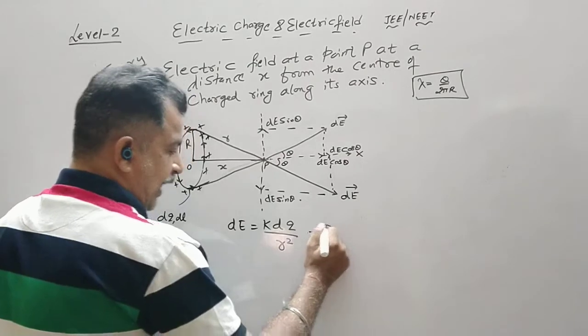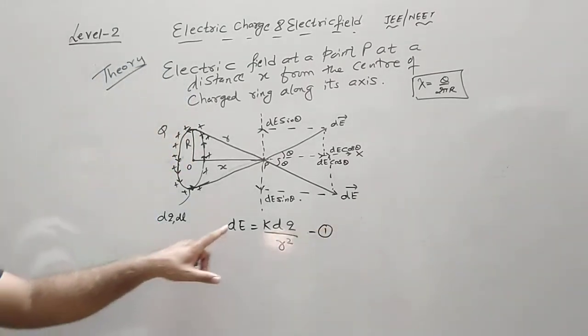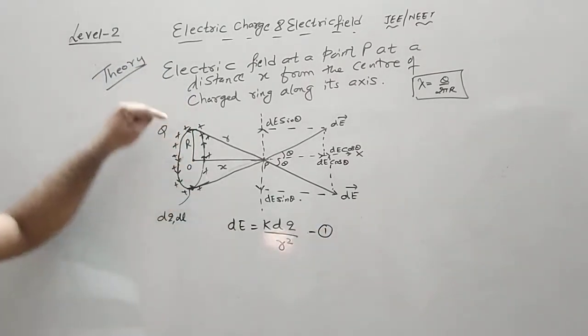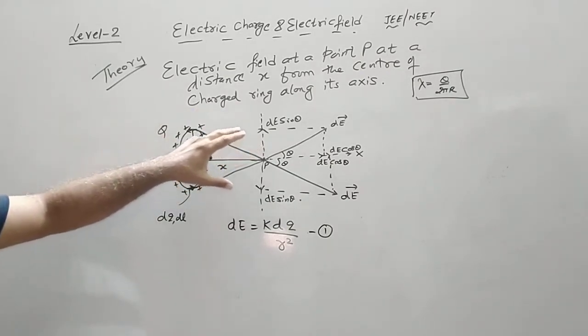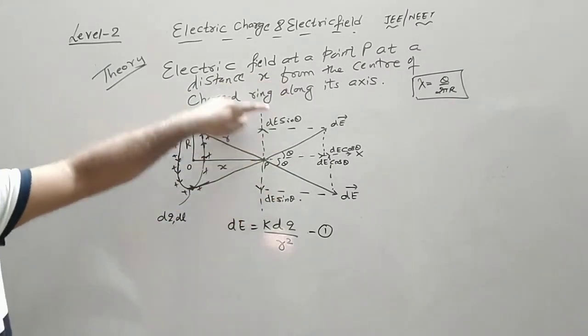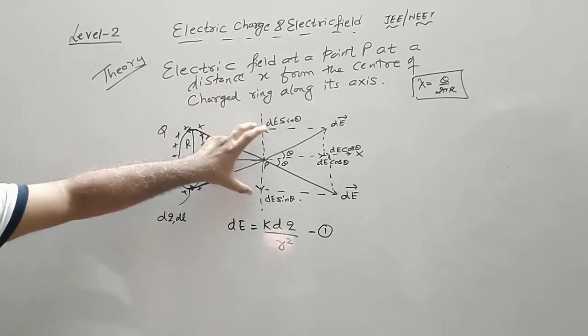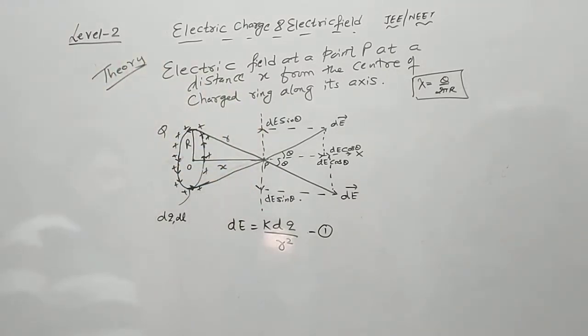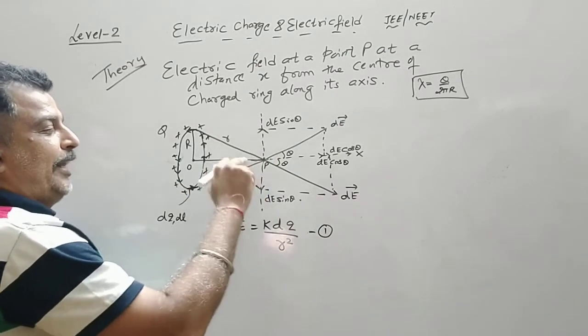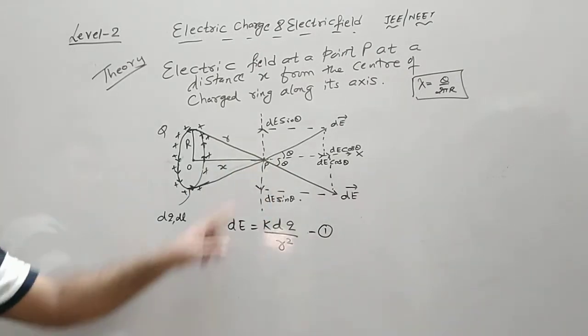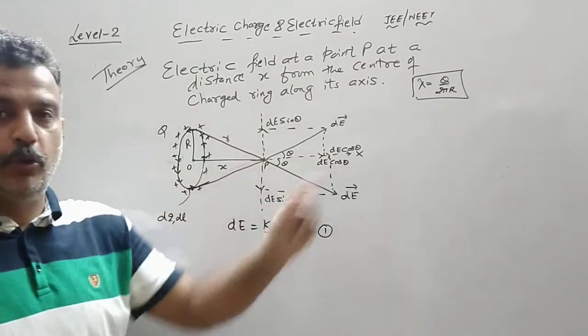Now this is the magnitude. The magnitude of the electric field intensity due to this element or this element is the same. Now sin theta is the same, so these two components cancel each other. The resultant electric field intensity at point P is due to all the cosine components.